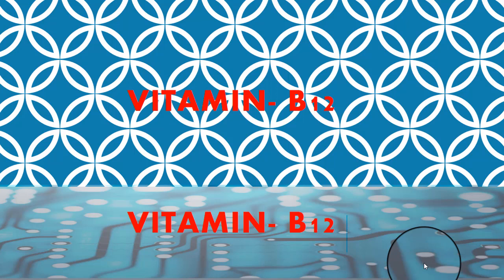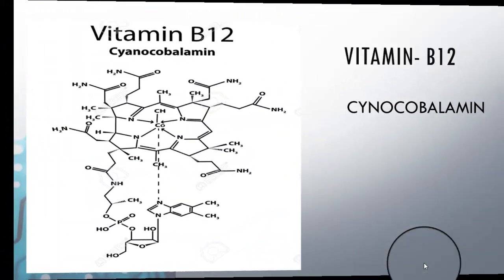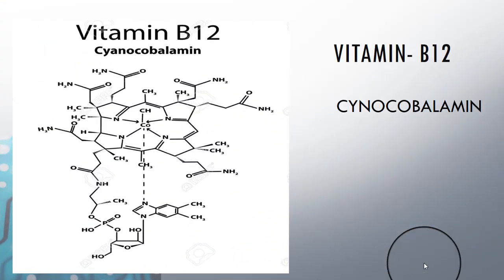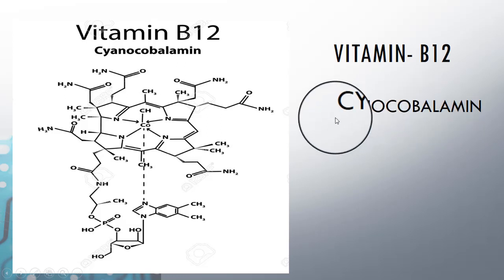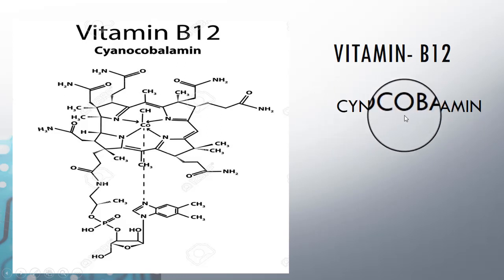So vitamin B12 is also called Cyanocobalamin. It is a water-soluble vitamin, as we have already discussed about the broad classification of vitamins, that is water-soluble and fat-soluble. You can check their broad classification in my previous video, that is vitamins.